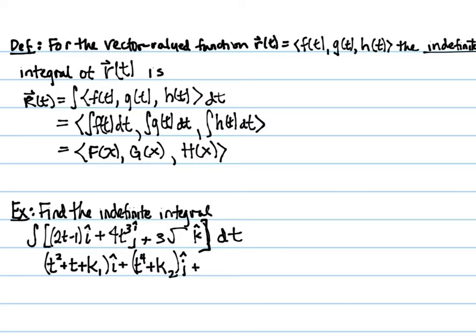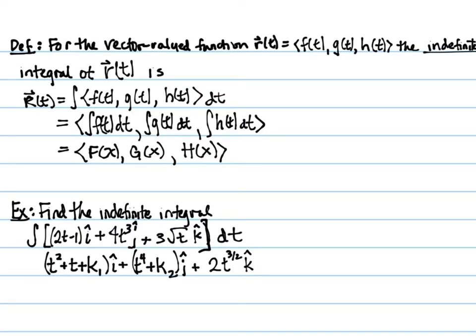Sorry about that. 3 square root of t would be t to the 1/2, so we increase it to t to the 3/2. And then if I divide by 3/2, 3 divided by 3/2 is 2. And that's k. So that is our antiderivative.